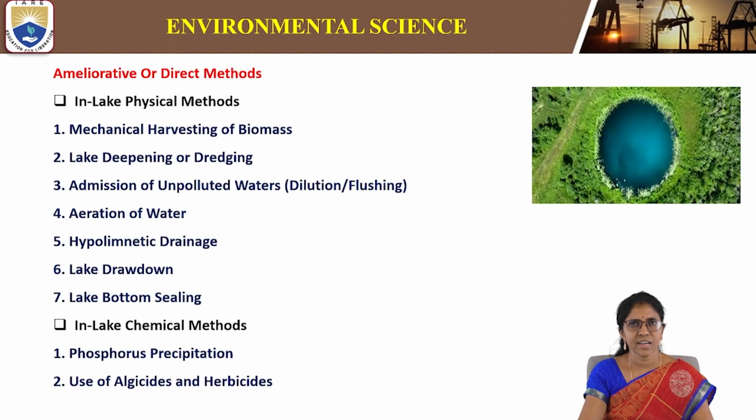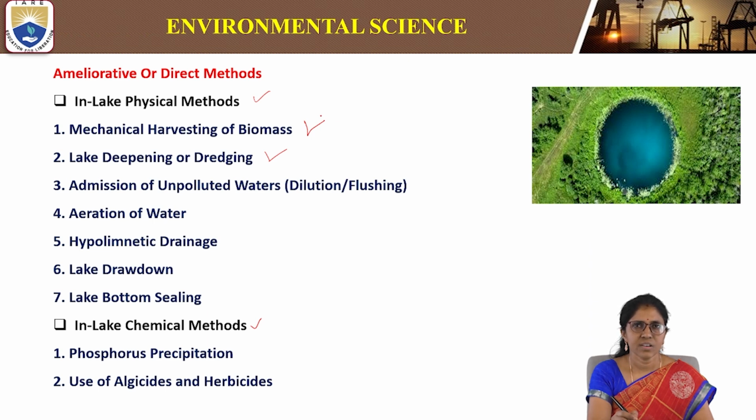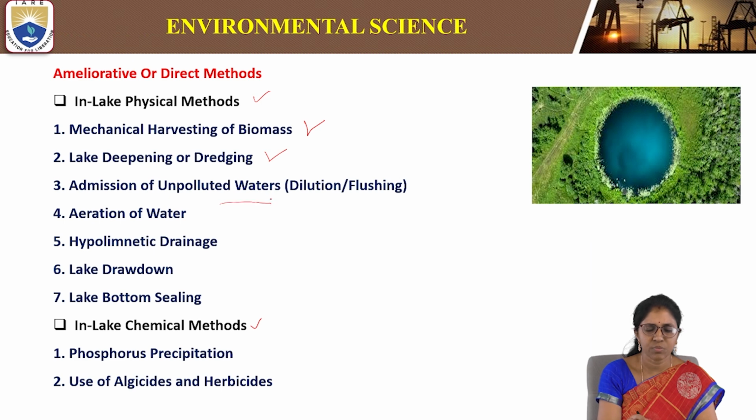Ameliorative or direct methods are of two types: in-lake physical methods, in-lake chemical methods, and in-lake biological methods. In-lake physical methods include mechanical harvesting of biomass, lake deepening and dredging, and admission of unpolluted water.